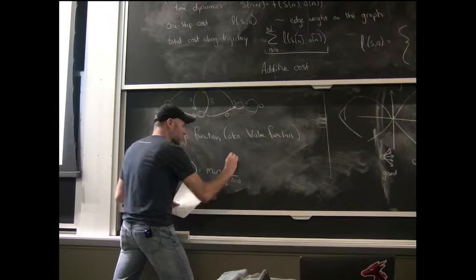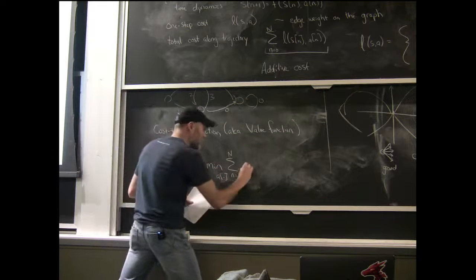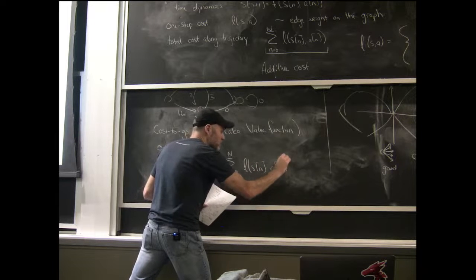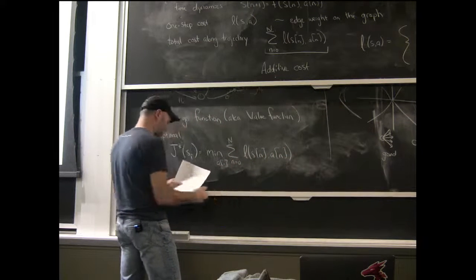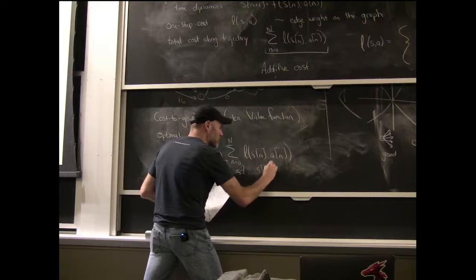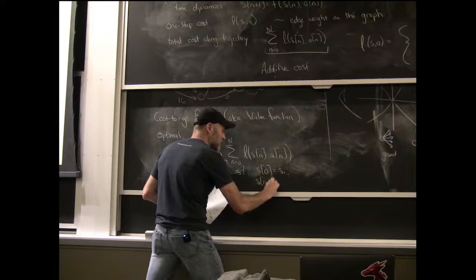N is 0 to big N, whatever big N is, it could be infinity, of the transition costs, the edge costs, subject to S0 equals Si, and then my dynamics.